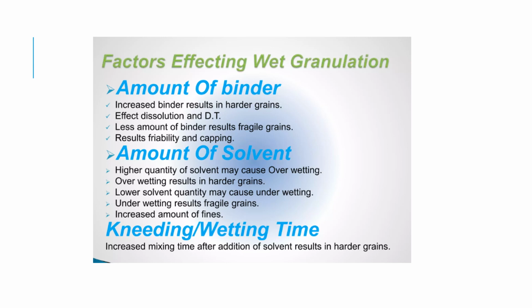And if the solvent is less, it may lead to underwetting and result in fragile granules. The fragile granules may lead to an increase in the amount of fines. If the fines are more, it may affect the flow property of the granules and finally affect the hardness, and it may produce weight variation problems, etc.